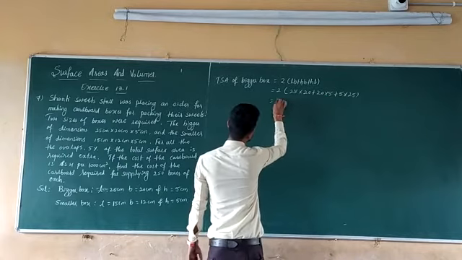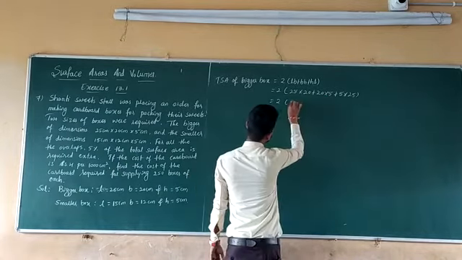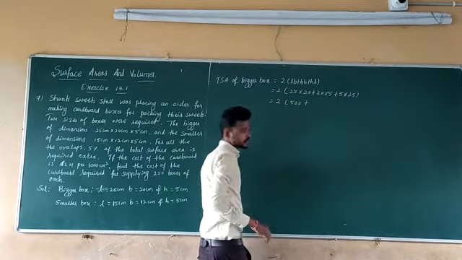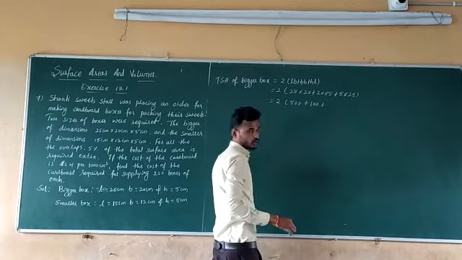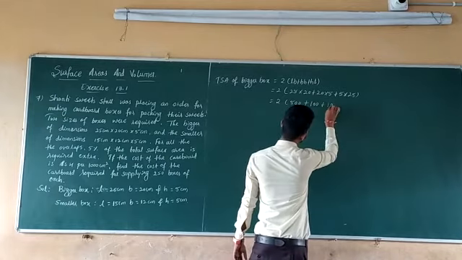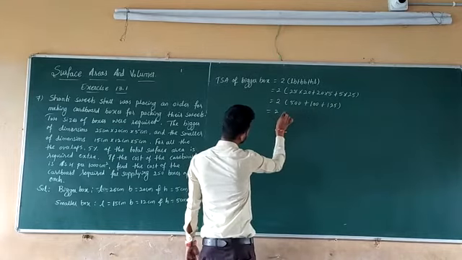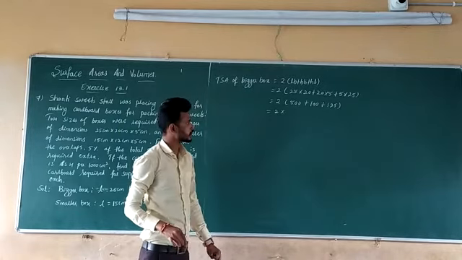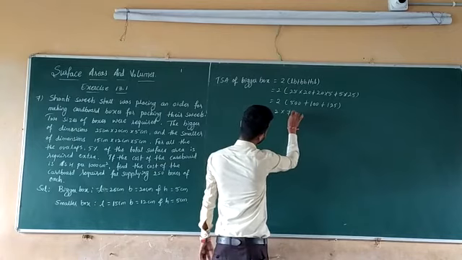So we will get 2 into 500 plus 20 into 5, 100, plus 5 into 25, 125. So 500 plus 100, 600, 600 plus 125, 725.